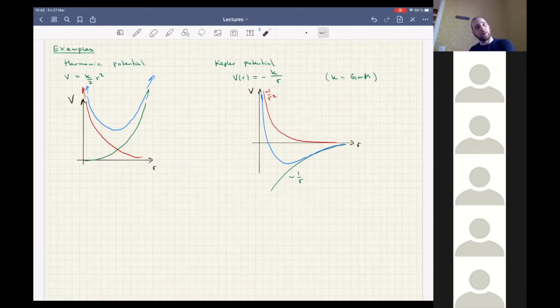So what we have done when we go to a description that is just involving the r coordinate is that we have used the fact that the angular momentum is a constant of motion to transform our problem to a one-dimensional problem. And we can see how the solution behaves looking at this effective potential. Okay.